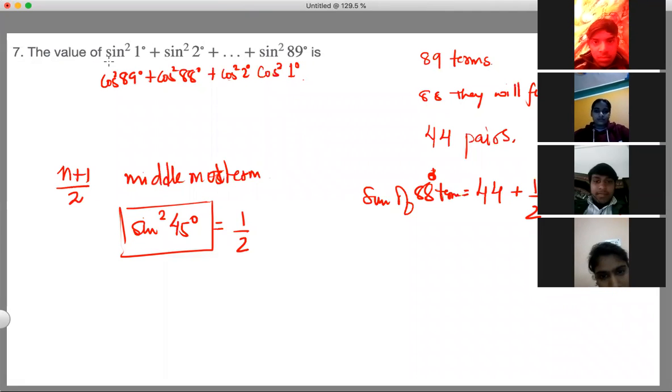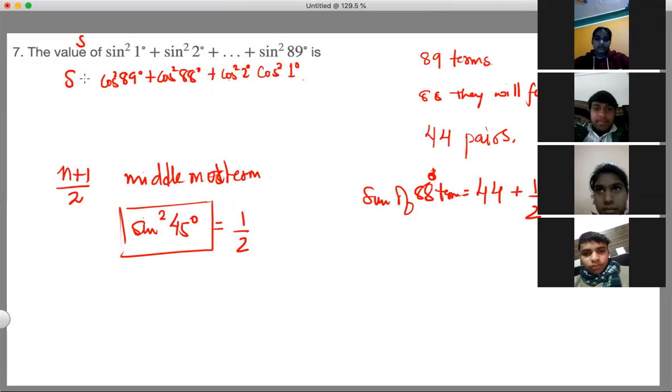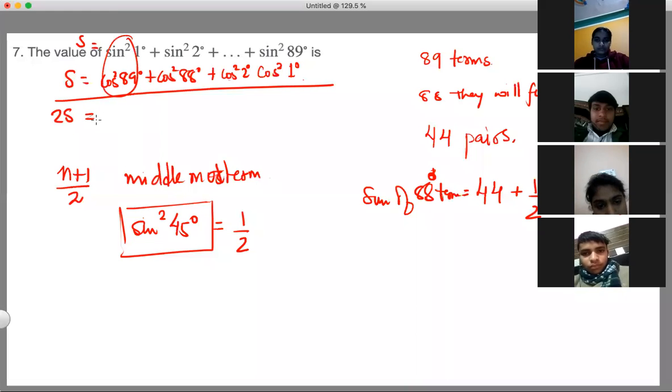ये सीरीज मान लीजिए दिस सीरीज इज S, सो ये भी सेम सीरीज है. Add the two, right? So we will get 2S is equal to, what is the sum of this? Sorry, sum of this and this is 1.